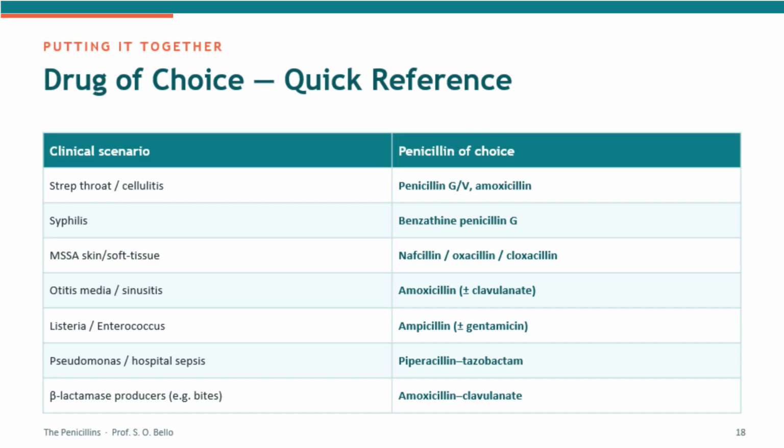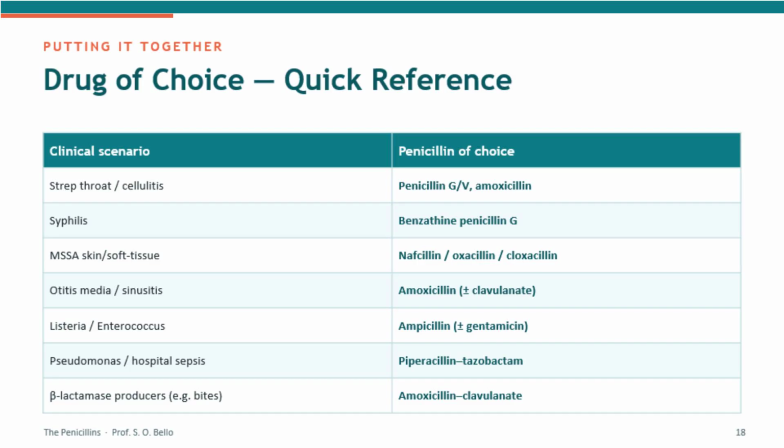For syphilis, it's long-acting benzathine penicillin G. For methicillin-sensitive Staph aureus skin and soft tissue infection, use an anti-staphylococcal penicillin: nafcillin, oxacillin or cloxacillin. For otitis media and sinusitis, amoxicillin, with clavulanate added when resistance is likely. Listeria and enterococcal infections call for ampicillin, often with gentamicin for synergy.